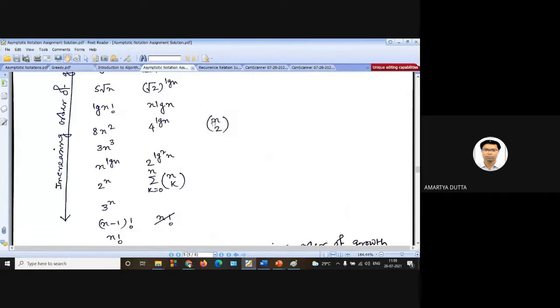nC2. Why is nC2 the same as 8n square? Not equal, but the same growth function. n square, 8n square, nC2 and 4 to the power log n, why do they have the same growth function? Any idea?